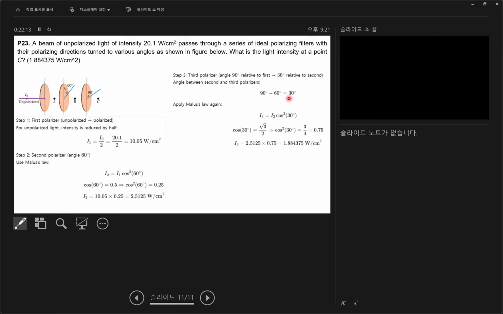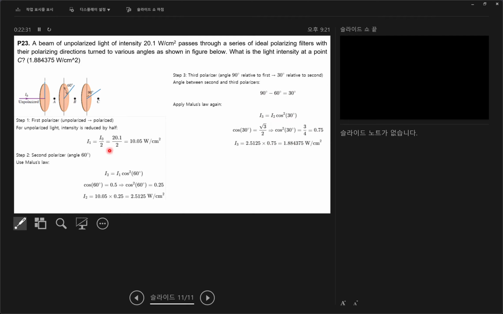If you do not calculate the right angles, you will get the wrong answer. So I3 is given by I2 times cosine squared 30 degrees. If you do the calculation one by one, you will end up at this one.